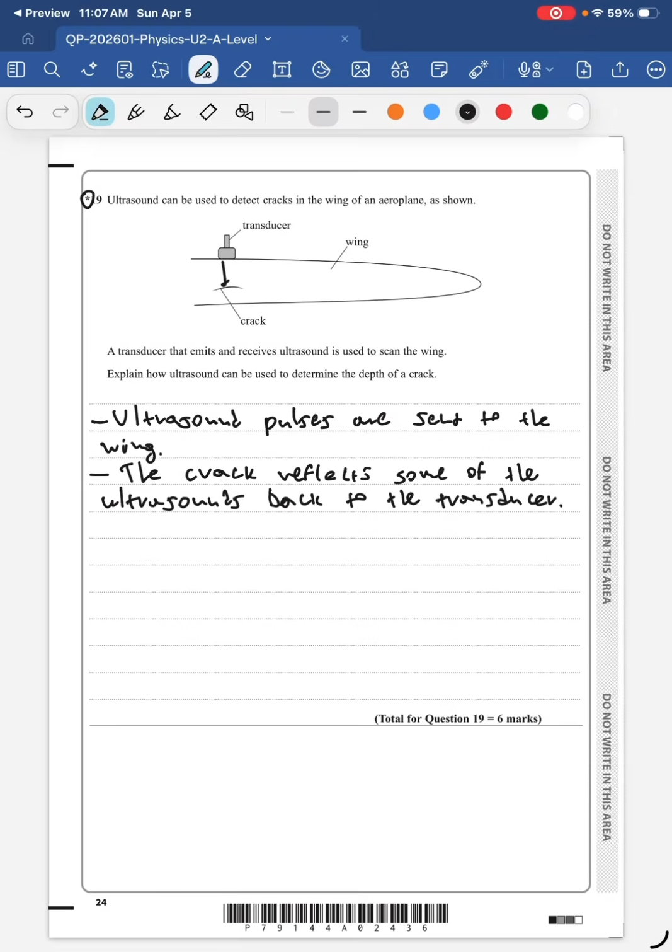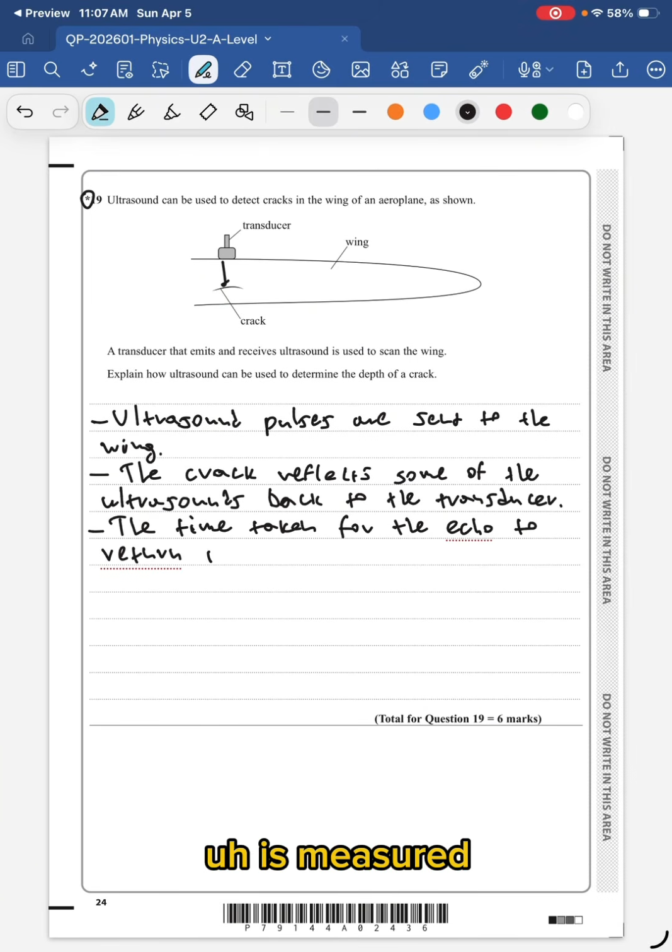Okay, the time taken for the echo to return is measured.